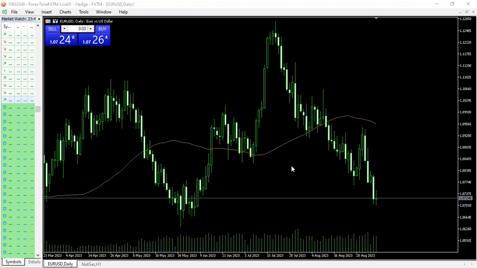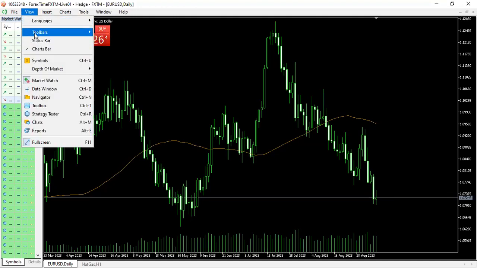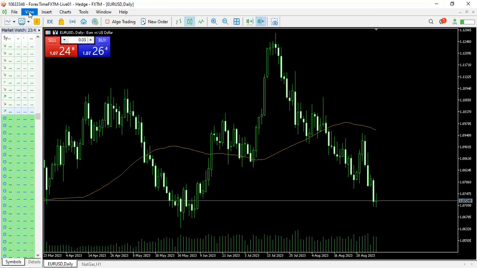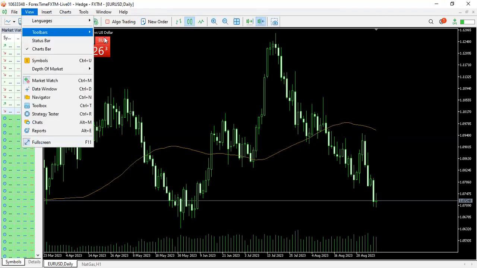Yes. Okay, so this is Euro USD, and all these things you are seeing are candlesticks. Are we familiar with this view? Yes. Okay.